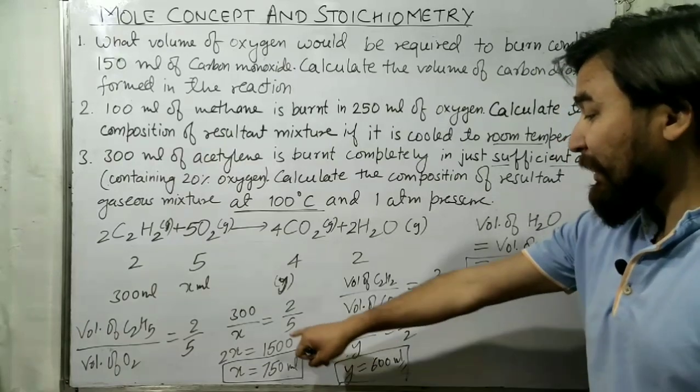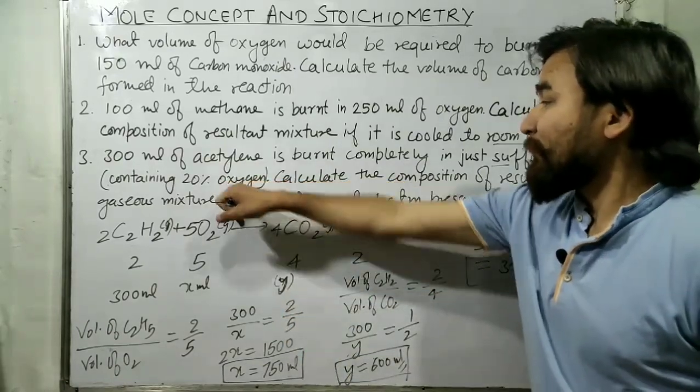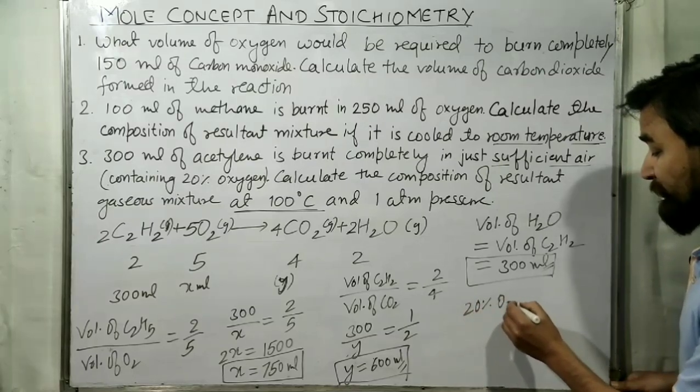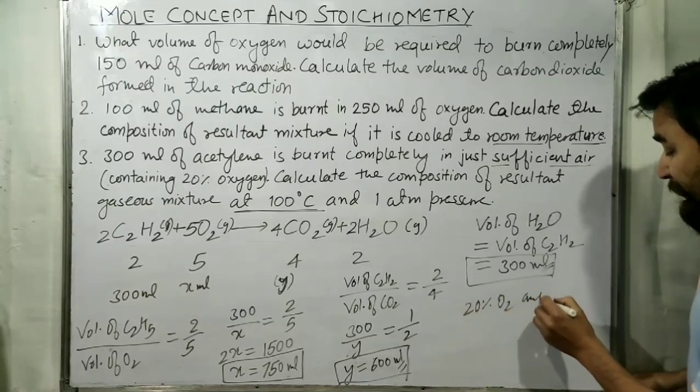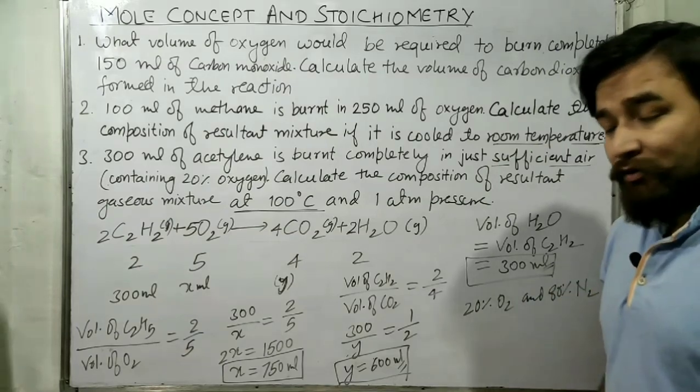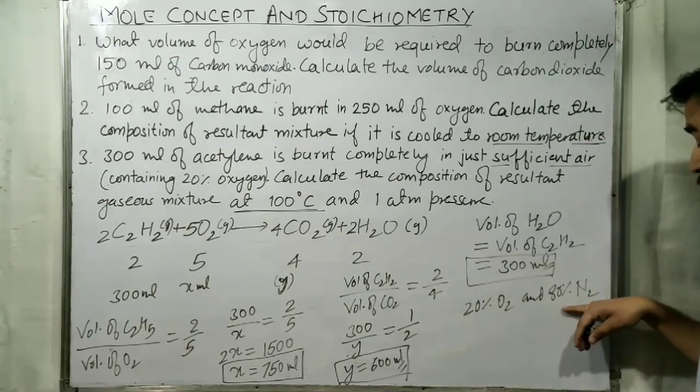So we have the volume of oxygen in air, that is 20% oxygen and 80% nitrogen in air. So what will be the ratio of oxygen to nitrogen?